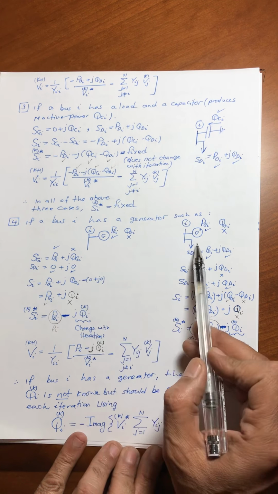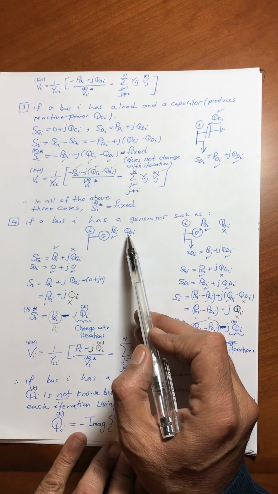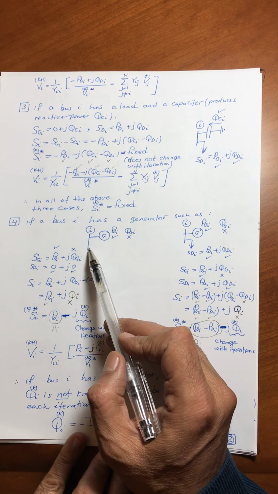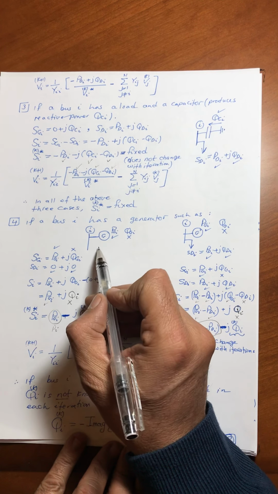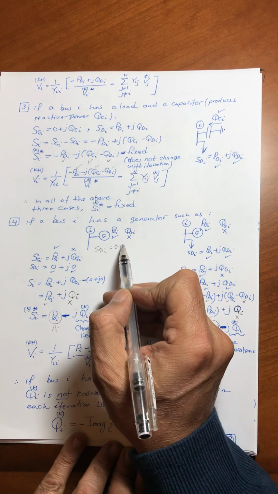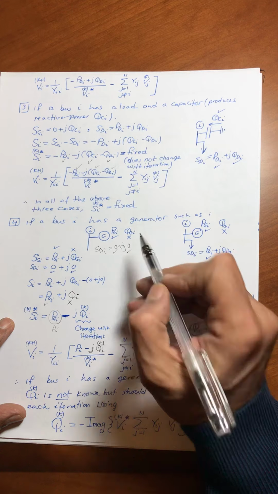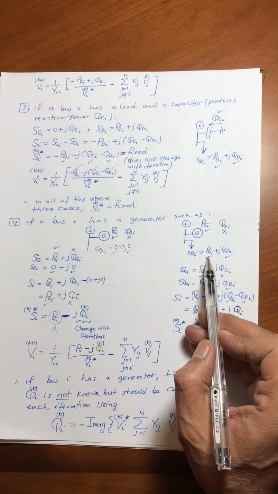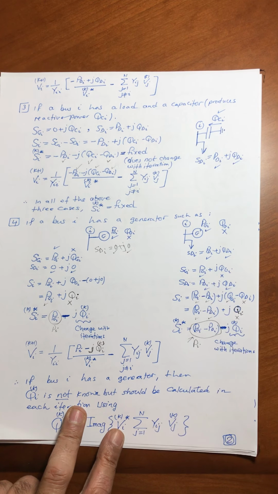For both cases, real power is known, reactive power is not known. As you notice here, S demand is 0 plus j0. So in this case, S demand at bus I equals 0 plus j0. In this case, S demand at bus I has non-zero values, but they are also known.